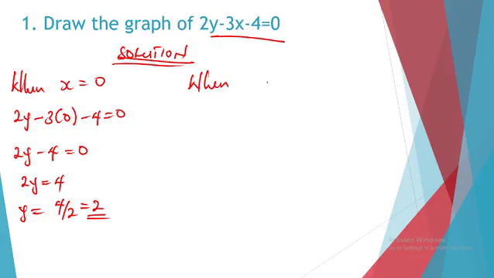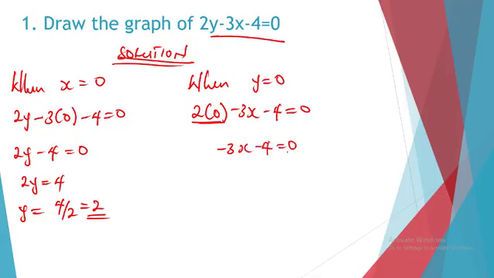Let us also find the value of x when y is equal to 0. If y is 0, then we'll have 2 into 0 minus 3x minus 4 equals 0, and this will give us 0. So we have minus 3x minus 4 to be 0.